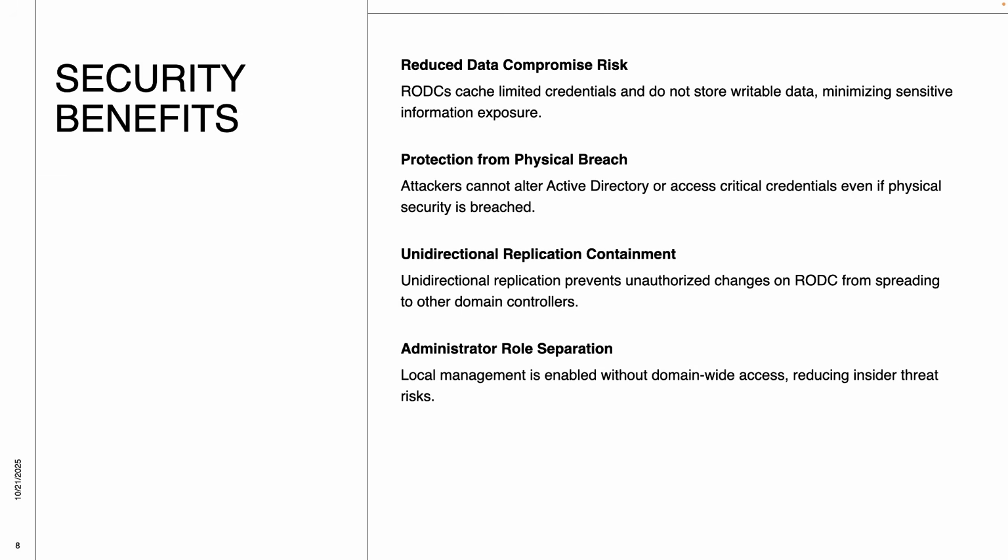Additionally, unidirectional replication ensures that any unauthorized changes made on the RODCs do not propagate to other domain controllers. This containment strategy is crucial for maintaining the integrity of the Active Directory forests. RODCs also support administrator role separation, allowing local management without granting domain-wide access, which minimizes the potential for insider threats.